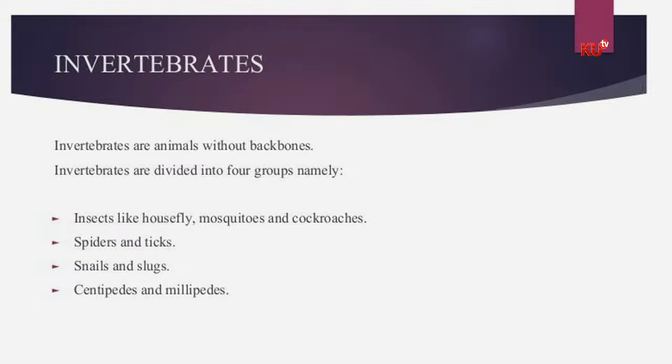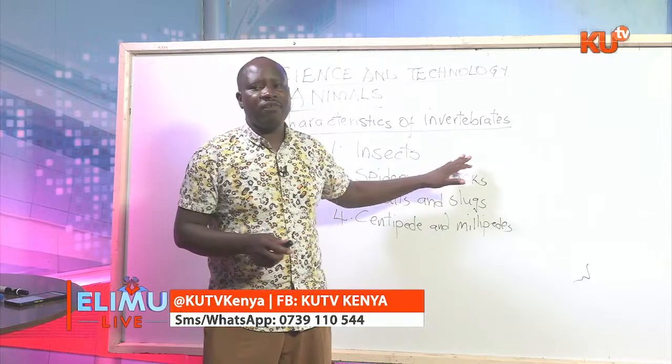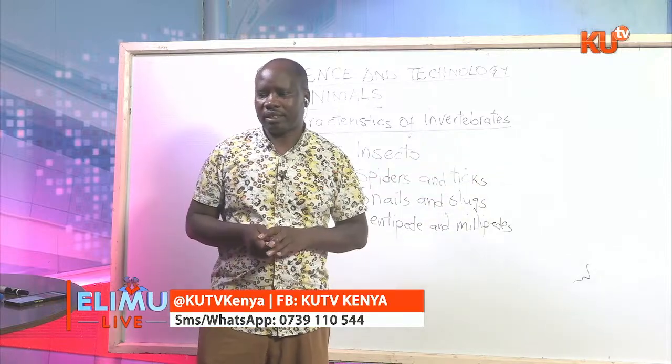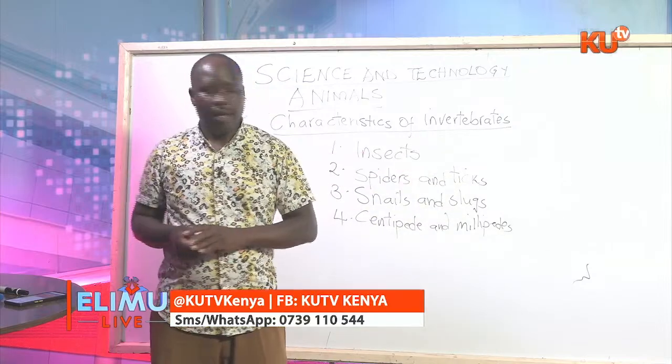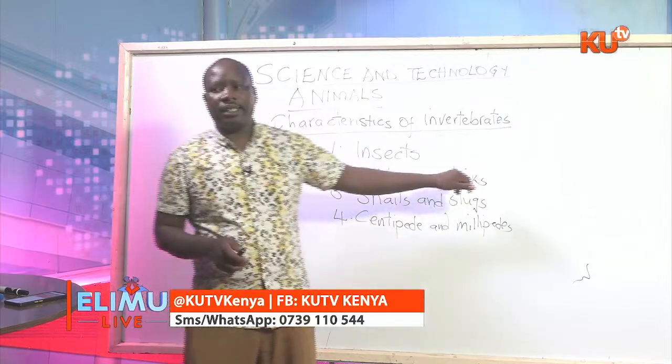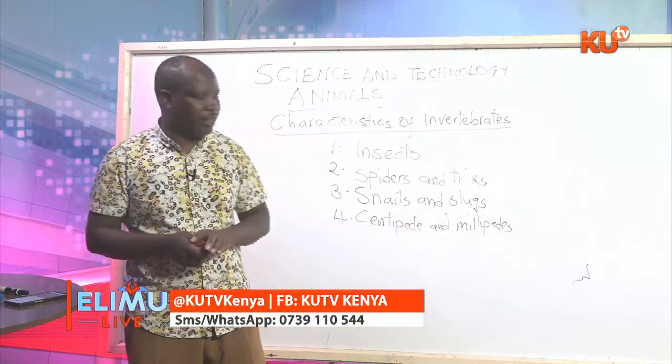Then we come to characteristics of each of them. And we start with insects. When we start with insects, we've given 5 characteristics of insects. Under insects, we have 5 characteristics. Under spiders and ticks, we have 4 characteristics at our level of grade 6.